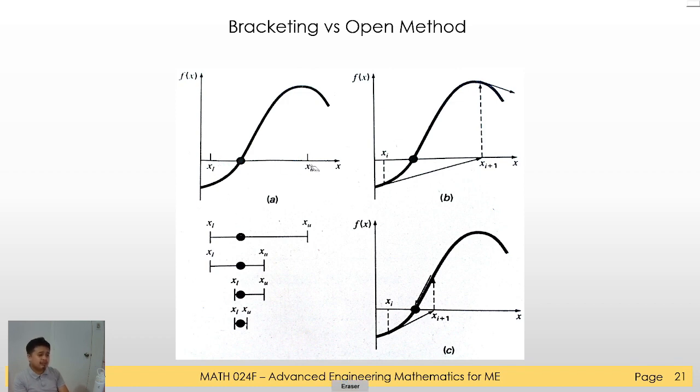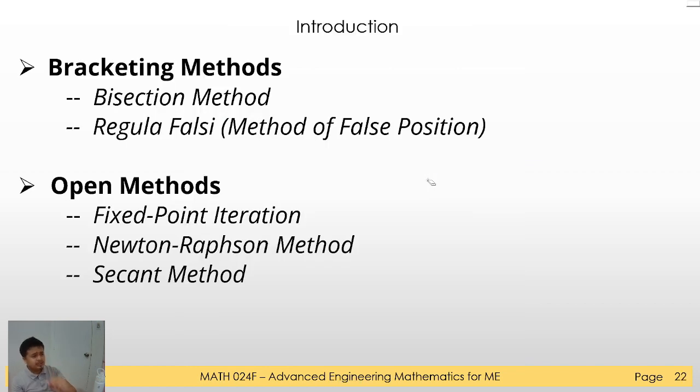We have this bisection method, and then for number 2, we have the open method. This might be the Newton-Raphson method, since this is a tangent line. Okay, we will discuss this later. Again, we have the bisection method and regula falsi for bracketing. For open methods, we have fixed point, Newton-Raphson, and then secant.